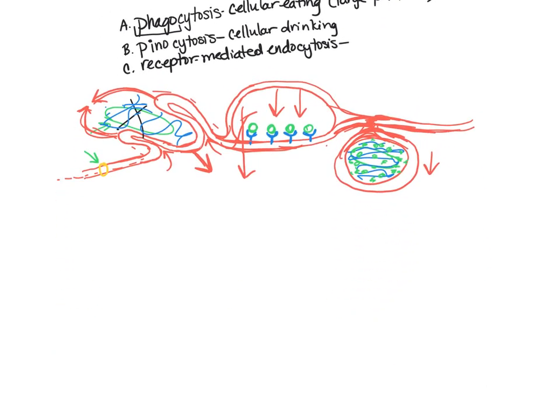Now the next type of vesicular transport that we are going to talk about is exocytosis. Exocytosis is when we release molecules to the outside of the cell.